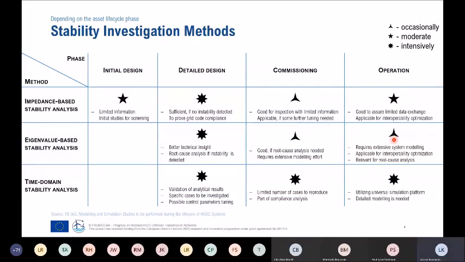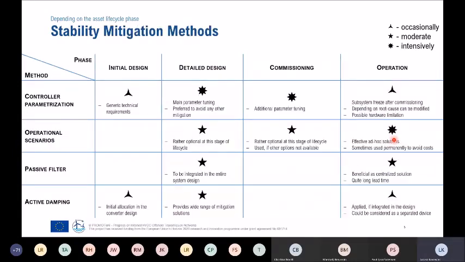And on the next slide, when we have the overview of different analysis methods, then we can, of course, look into mitigation solutions. Also in the same way, depending on the asset life cycle phase, we could determine four representative mitigation methods. The first one is related to control parameters tuning.